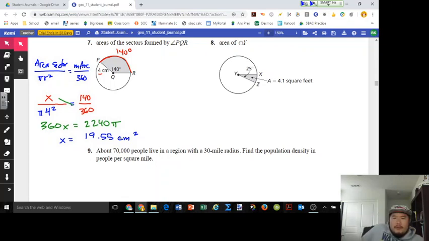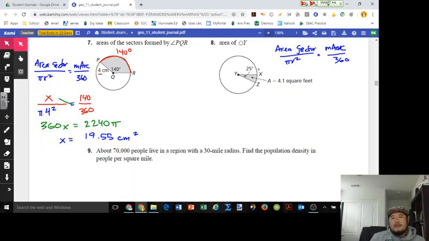If we take a look at our equation once again, remember it's area of a sector divided by pi r squared, and that's equal to the measurement of the arc over 360.